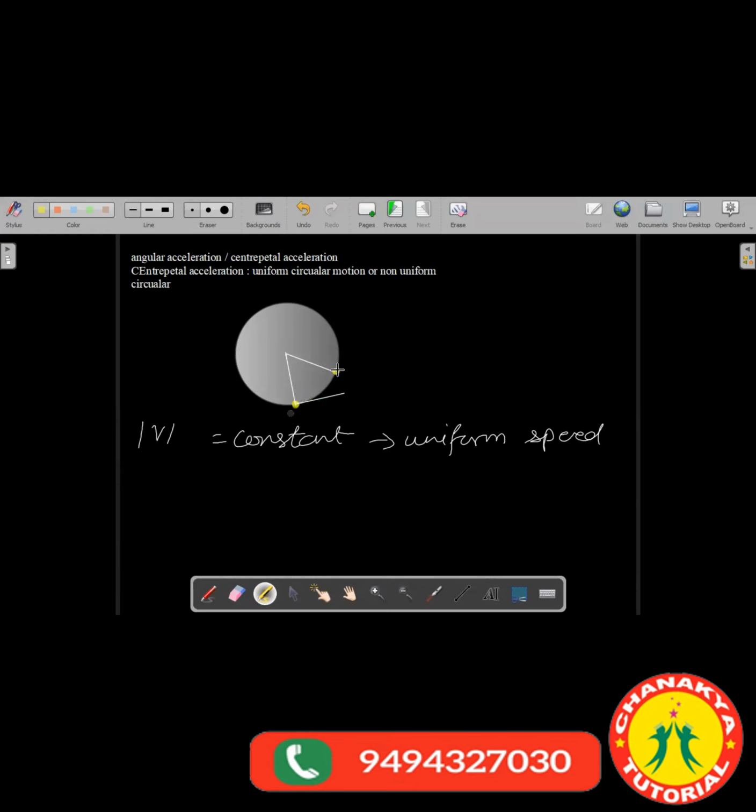The direction of velocity is always tangent to the path. Here, this is the direction of velocity, and here, this is the direction of velocity, and it has completed an angular displacement of theta. So the velocity is not constant. Velocity is changing due to the change of direction.